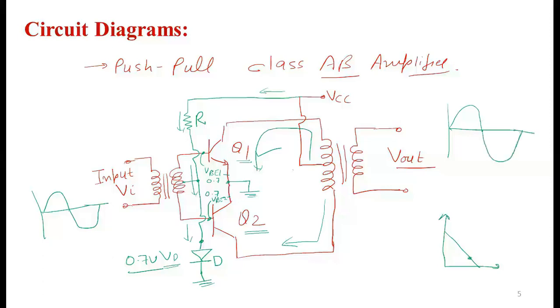Hence, by biasing both of the transistors at 0.7 volt, we do not have the problem of crossover distortion in this circuit. So by using the push-pull class AB amplifier, we can resolve the crossover distortion problem.